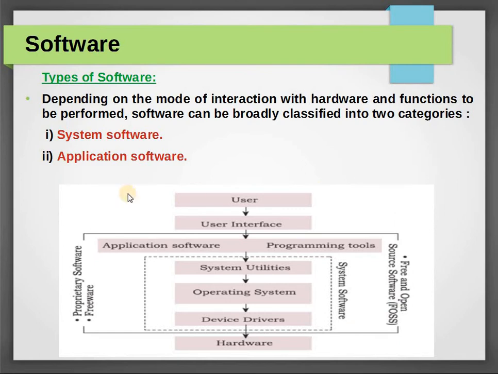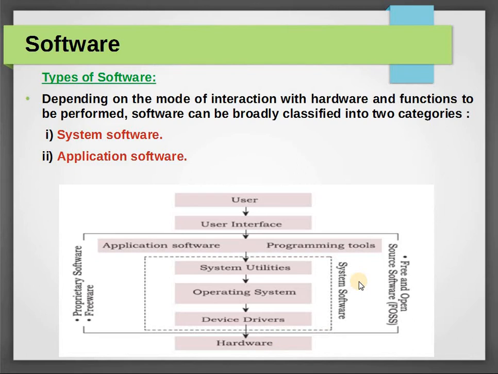So with this block diagram you can understand how a user can interact with the computer. Basically, software acts as an interface between the user and the hardware, because hardware cannot work on its own. Software, which is the instructions, makes the hardware work.